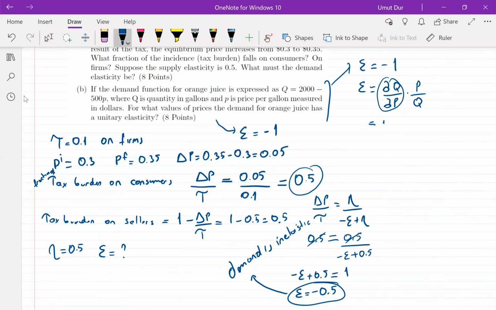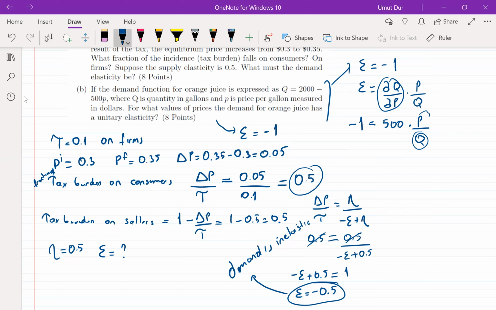It will be 500 times P over Q, and I want this to be minus 1. But here I have two different variables, P and Q. If this was just a function of P, I could have found the value of P. So I need to represent this Q in terms of the price.